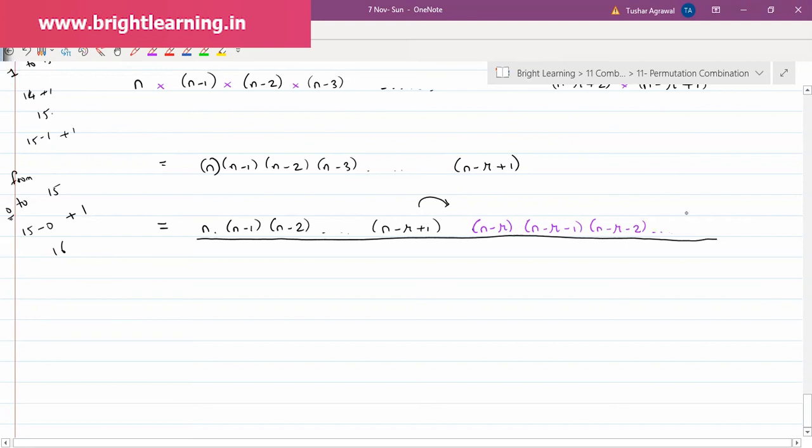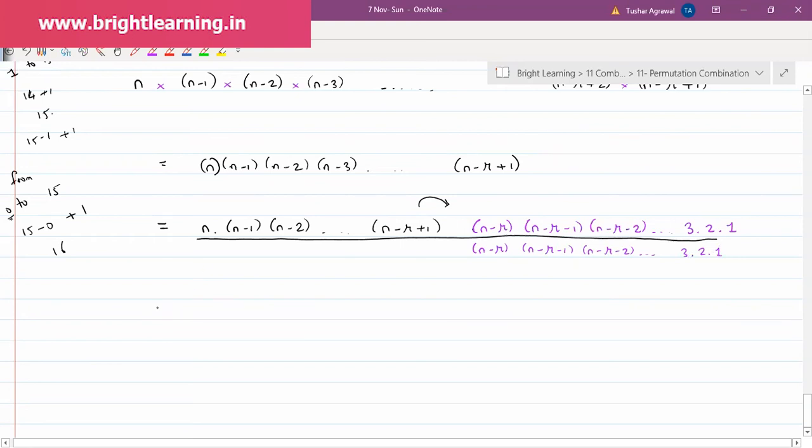Till where do we have to go? We have to go up to 3 into 2 into 1. So if I'm multiplying by all those, then I also have to divide by this: n minus r, n minus r minus 1, n minus r minus 2, and so on up to 3 into 2 into 1.